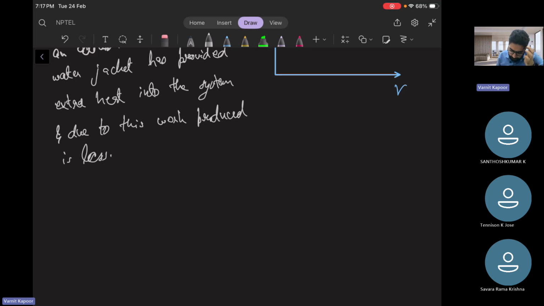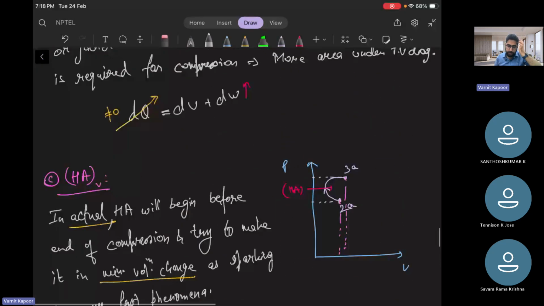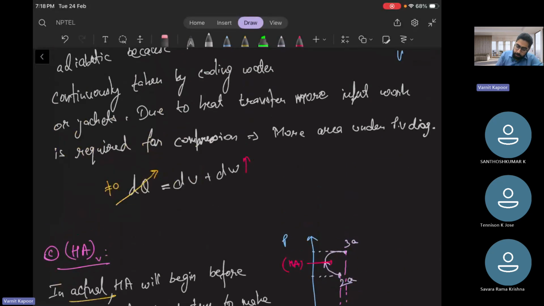So when I say dq is equal to du plus dw for the process, there I said that dq is non-zero, and let us say the heat extraction was minus 10 kilojoule.